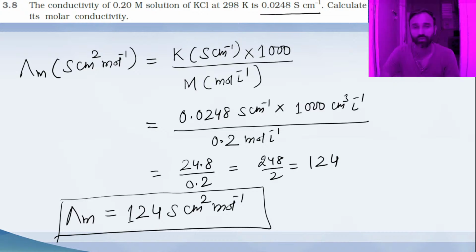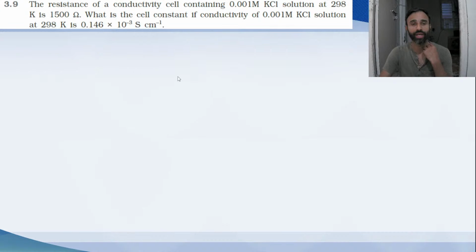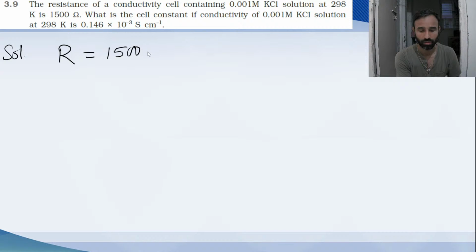Okay. So now question number 3.9. The resistance of a conductivity cell containing 0.001 molar KCl solution at 298 Kelvin is given to you. Resistance is 1500 ohm.